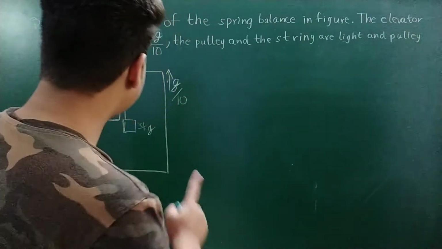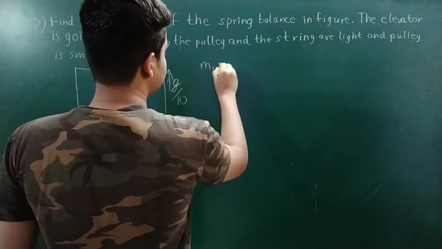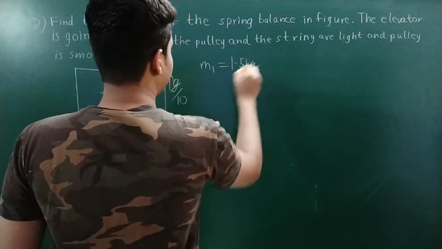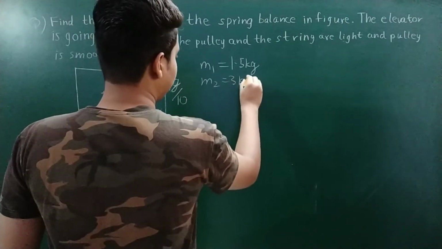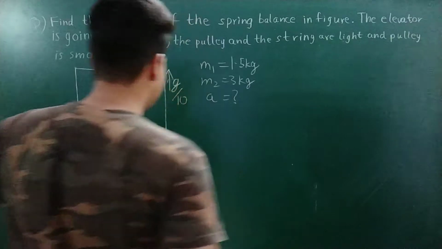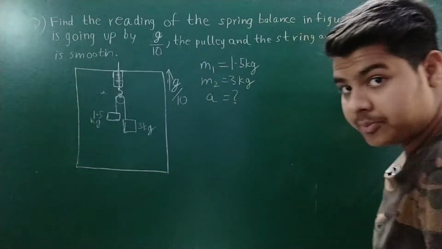First, let's mark our terms. Let m1 equal 1.5 kg, m2 equal 3 kg. Acceleration is unknown. So first we'll use the formula, as you all know. I'm writing the formula here.